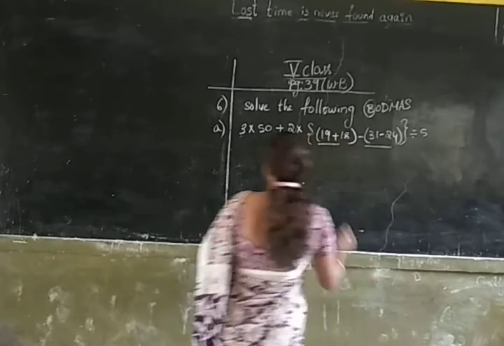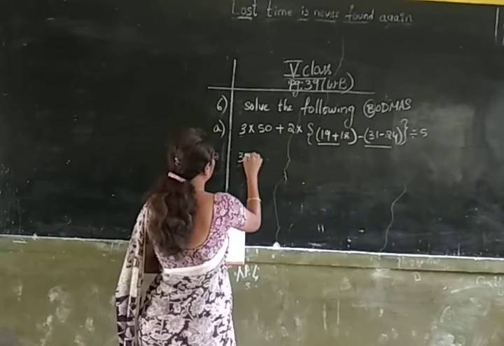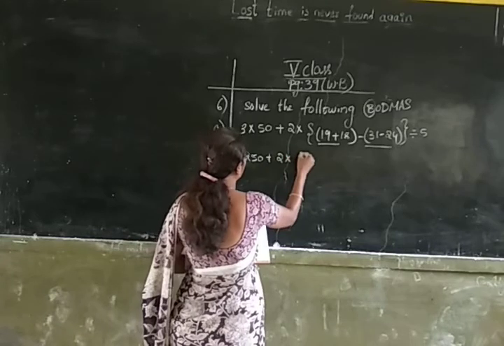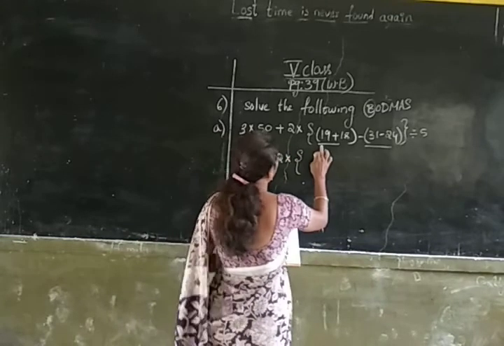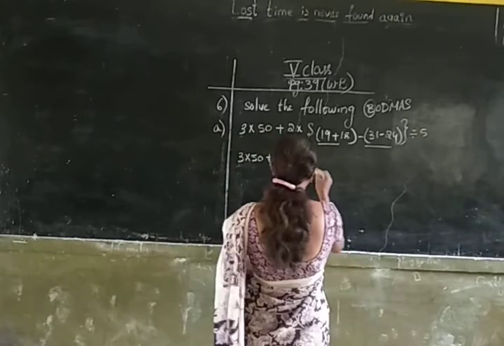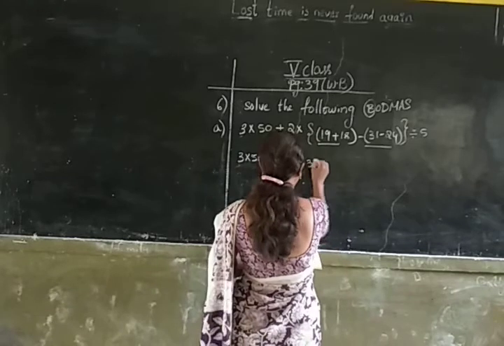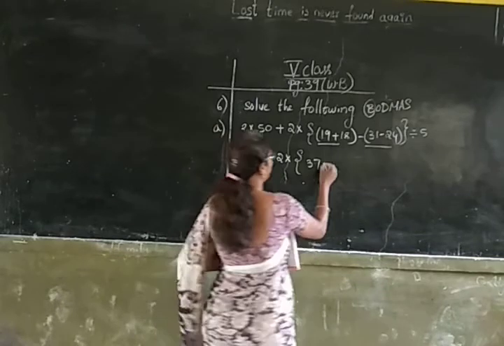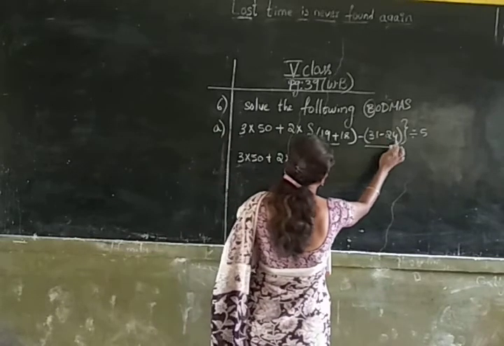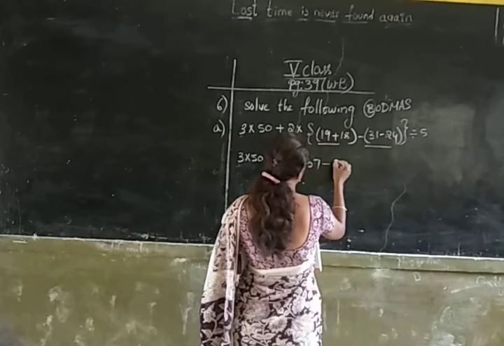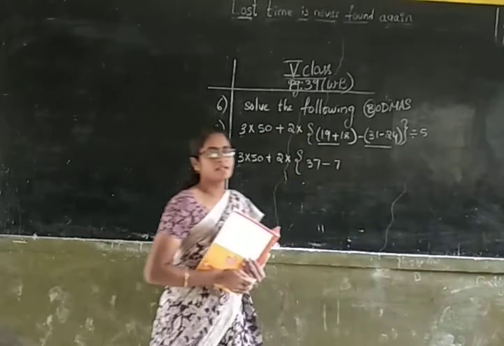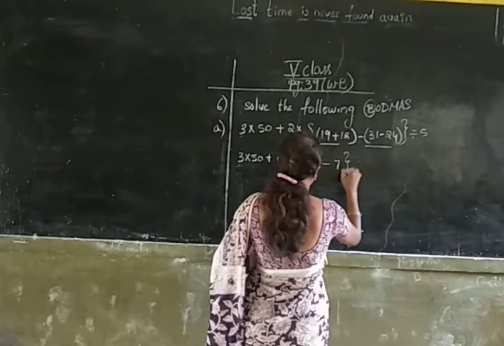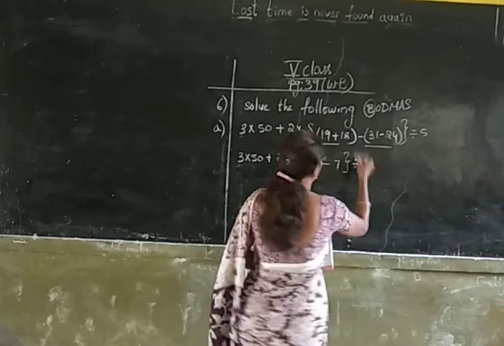Okay children? So 3 into 50 plus 2 into flower bracket, 19 plus 18 is equal to 37, minus 31 minus 24 is equal to 7, flower bracket divided by 5.